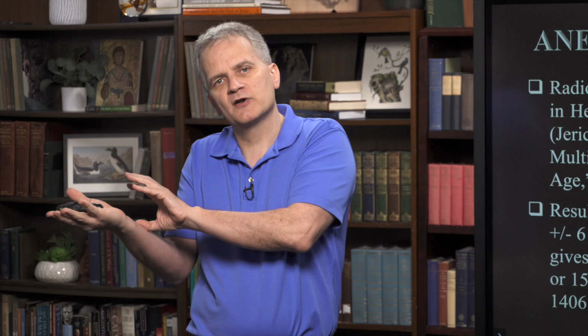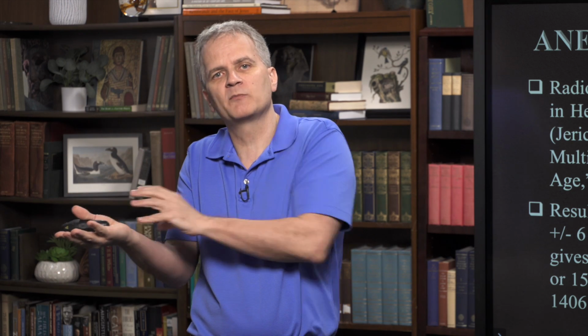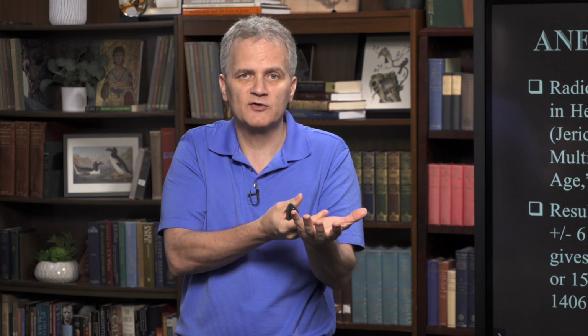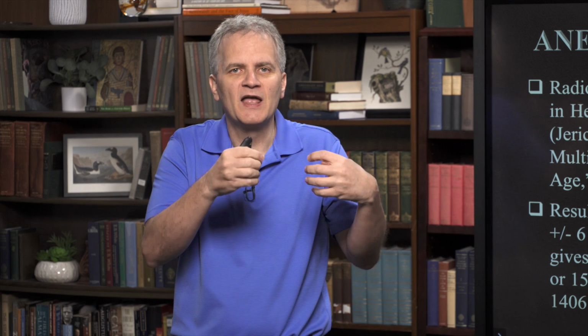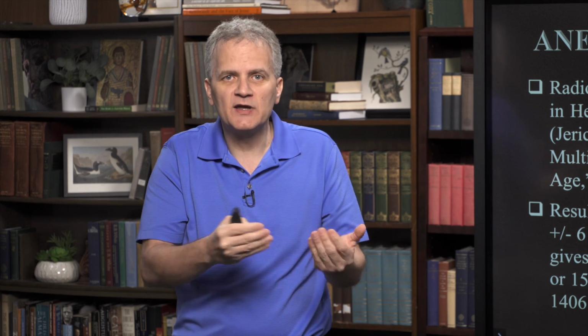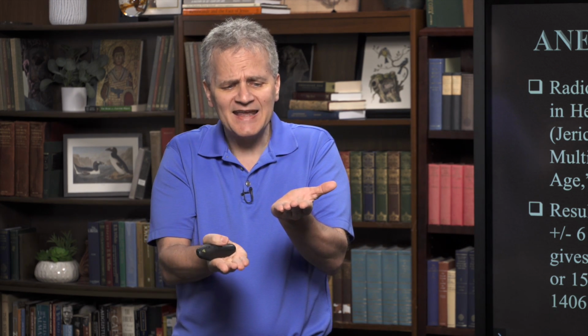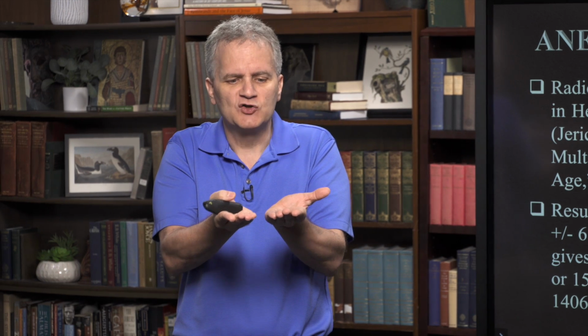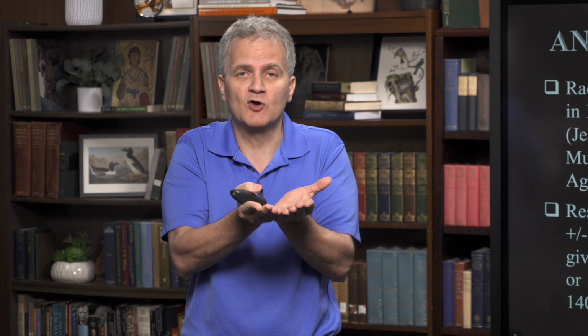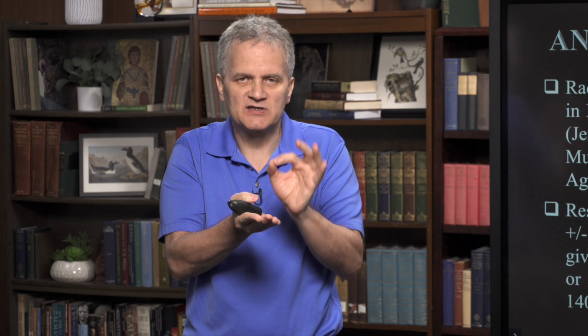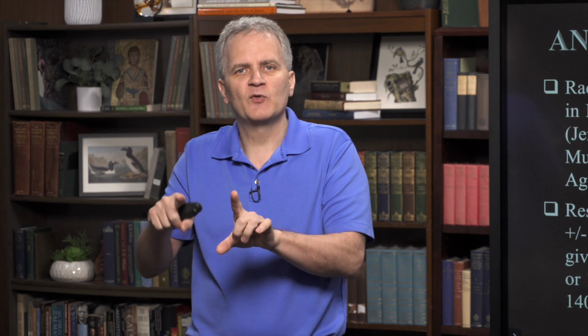If we're going to be over 100 years off in one place, it shouldn't be a surprise that we're over 100 years off in another place. So what you can then do is take into account this offset to be able to correct the radiocarbon specific dates.